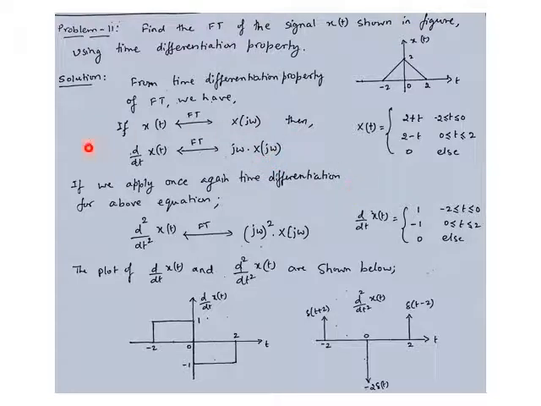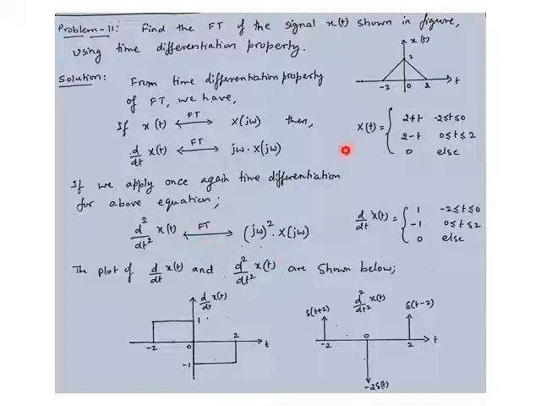If I take time differentiation again, the double differentiation of x of t has the Fourier transform j omega into j omega into X of j omega. So j omega whole square into X of j omega is the Fourier transform of the double differentiation of the given x of t, obtained by taking time differentiation twice.